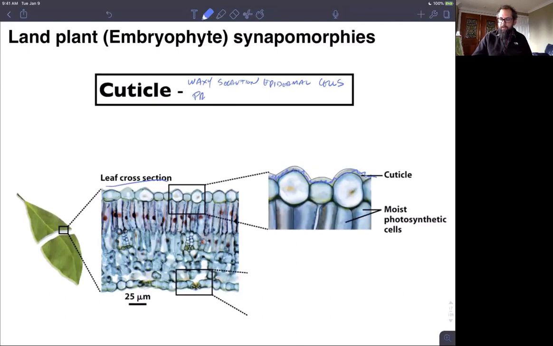And so the main function of the cuticle is to prevent water loss. Okay, so that's our first land plant synapomorphy, the presence of a cuticle. So all land plants have this cuticle, this waxy layer on the outside of their body.